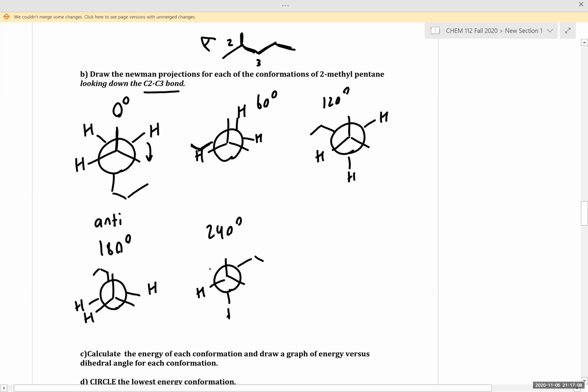Okay, so we're just continuing to rotate. You can write ME, but it's not preferred. CH3 would be better, just to note it. So we're continuing rotating our back carbon, and we're drawing out the Newman projection after each rotation.